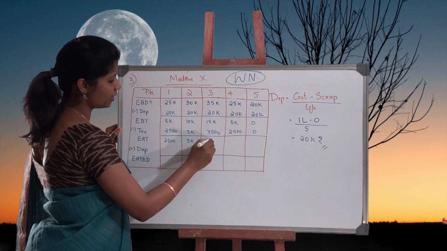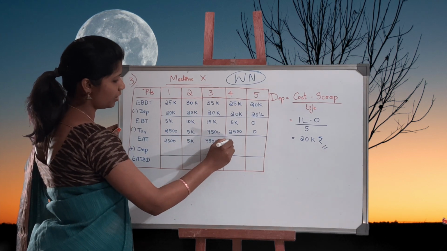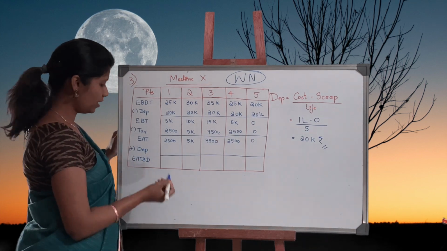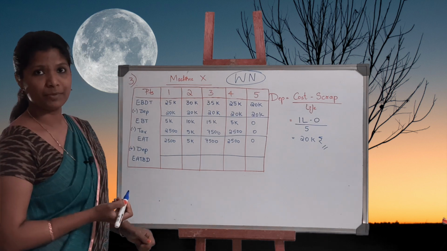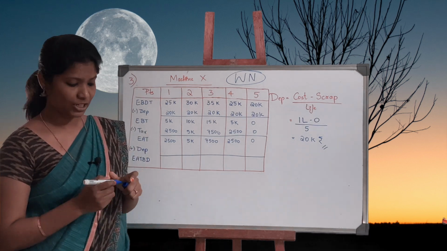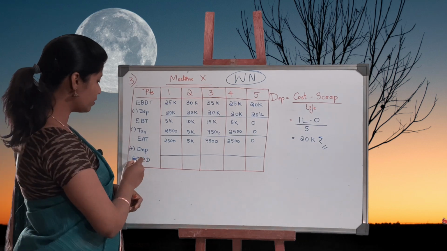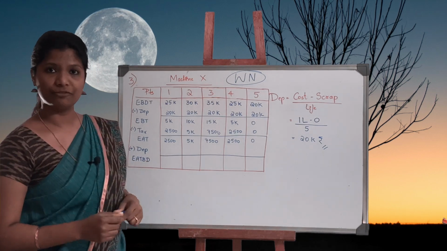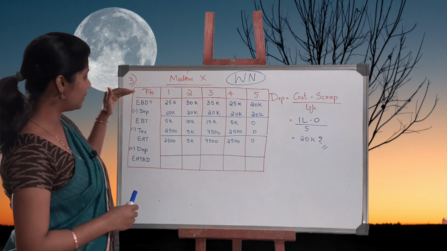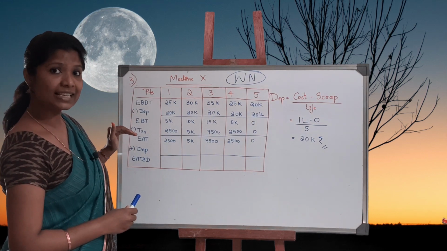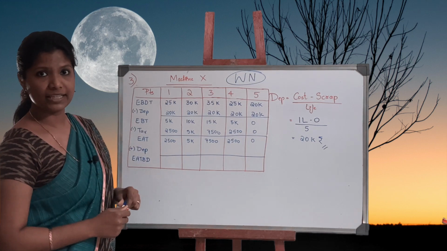2,500, 5,000, 7,500, 2,500 and 0. Is that clear? So again we are going to add back depreciation. Remember, for net present value, the type of cash flows we require is cash flows that are after tax and before depreciation. So we deduct depreciation, deduct the tax and then add back the depreciation.